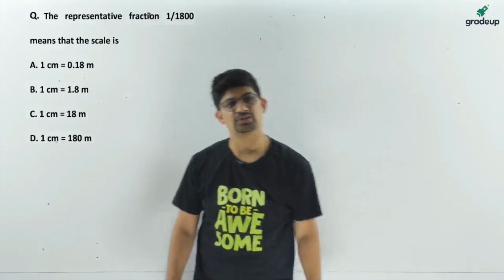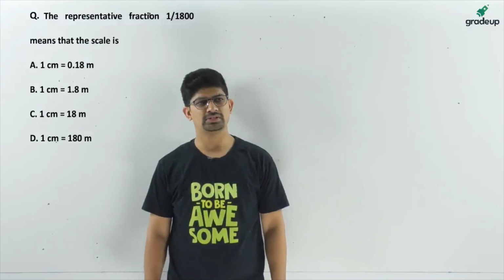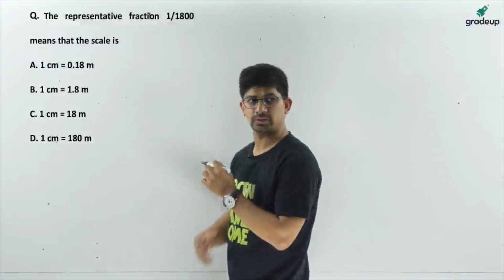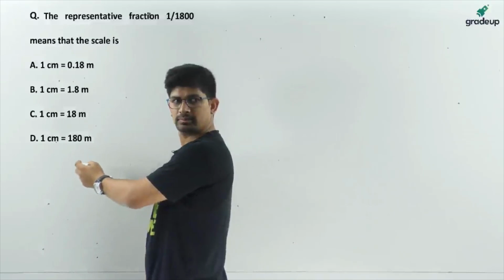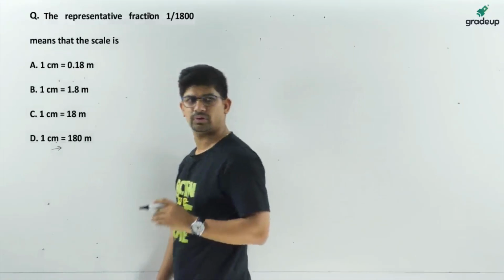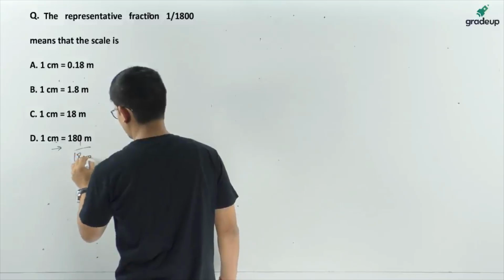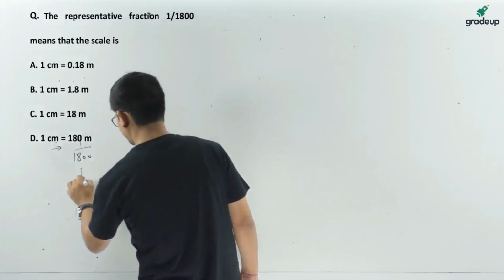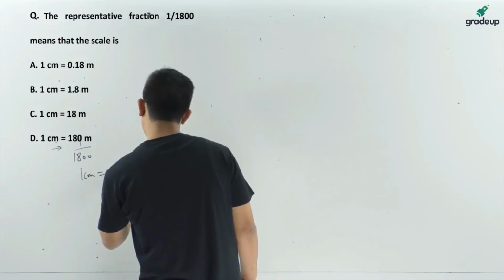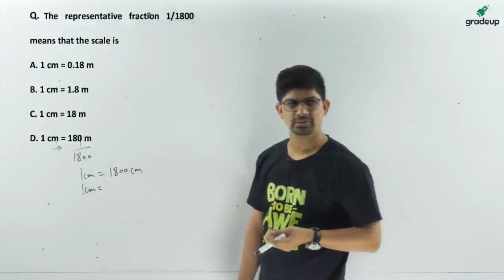So the first question says the representative fraction 1 upon 1800 means that the scale is. Four options are given to you. You can easily solve this. So RF says 1 upon 1800. It means 1 centimeter is equals to 1800 centimeter, and you know there are 100 centimeters in 1 meter.